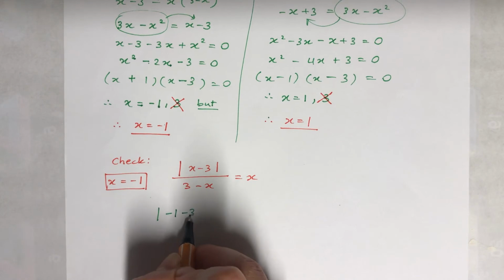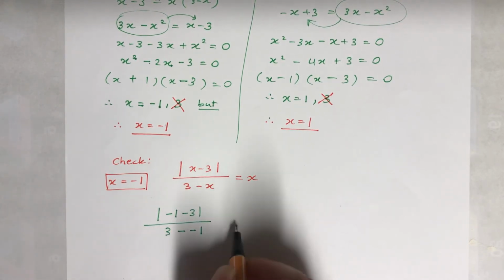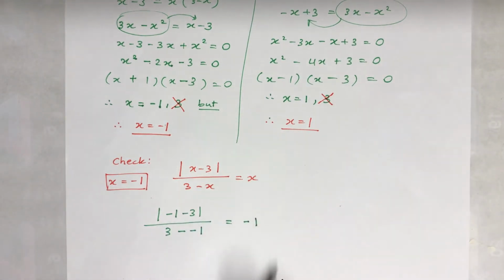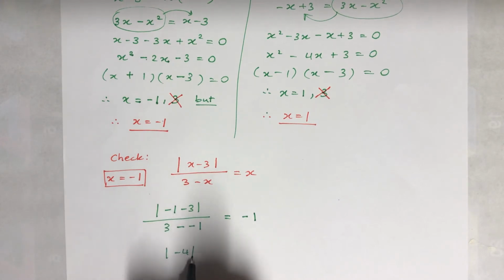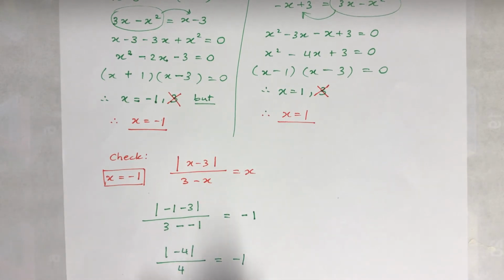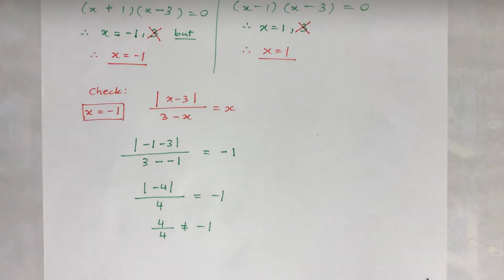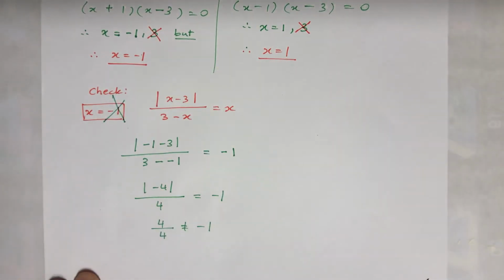Minus 1 minus 3, that's minus 4. And that's going to be 4 over 4. It can't be minus 1, it should be just 1. So this doesn't work.